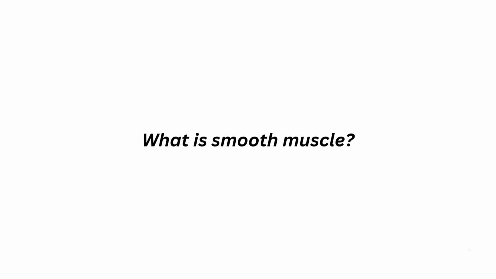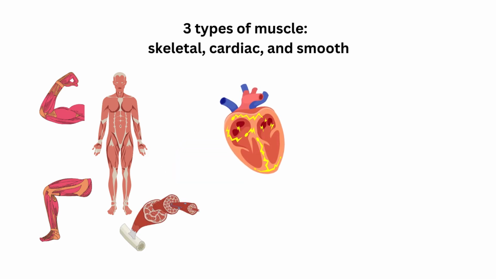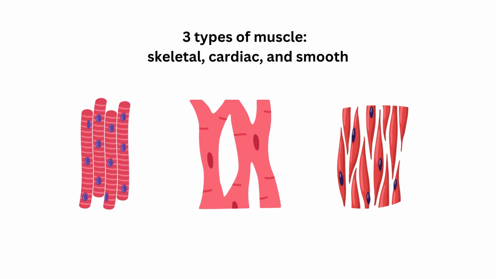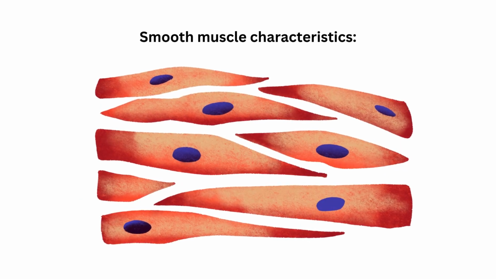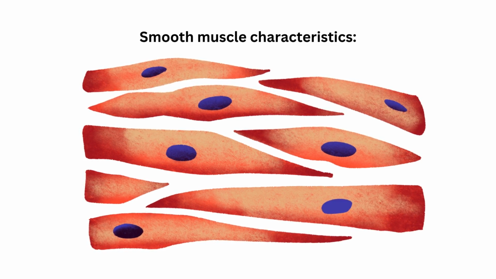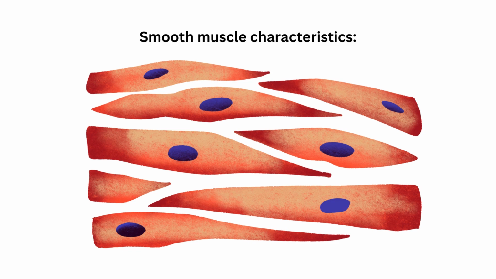What is smooth muscle? Smooth muscle myocytes are spindle-shaped with wide middle parts and tapering ends with a single nucleus. They are shorter than striated skeletal myocytes.